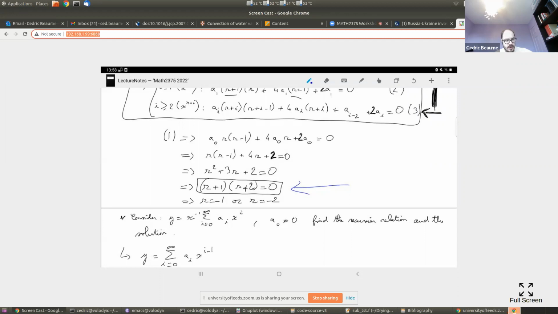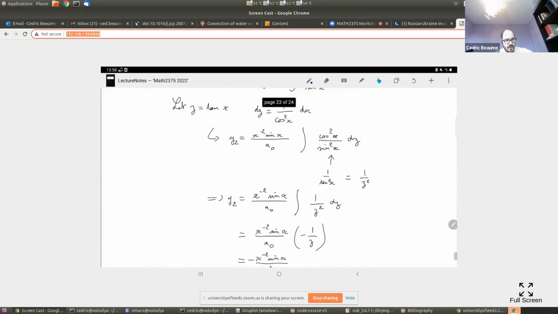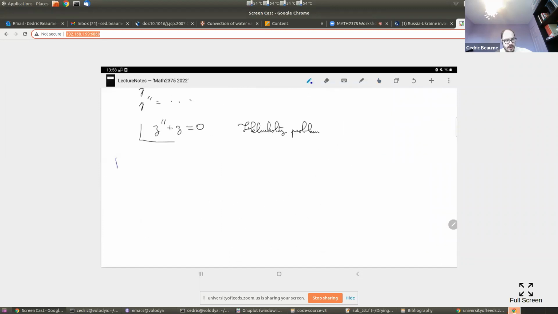Just plug r equals i in your equation, develop the calculation, and what you'll end up with is essentially just a complex series, right? In particular, do remember for B4 that you'll have x to the i, okay? And x to the i, you can write as e to the i log of x.